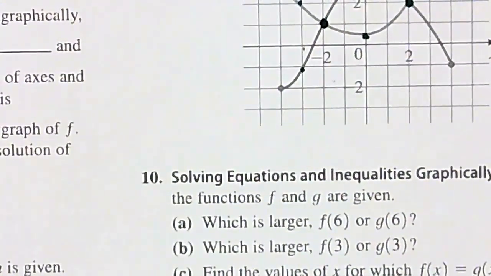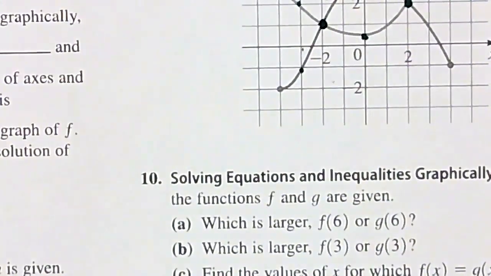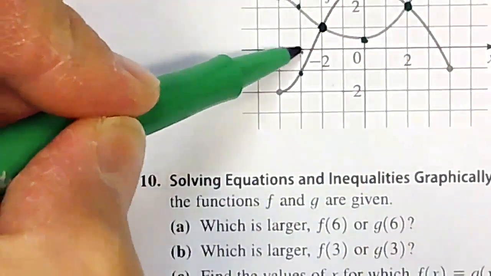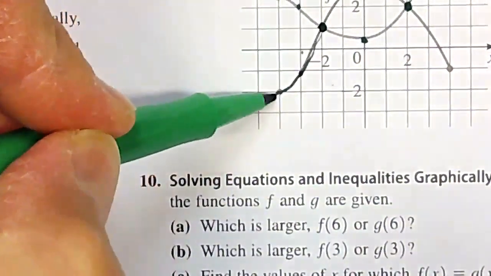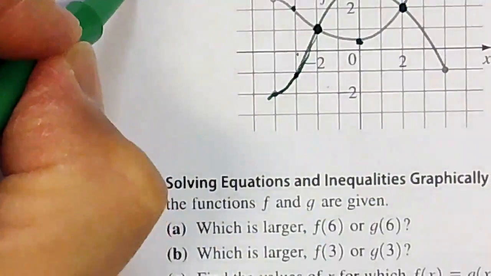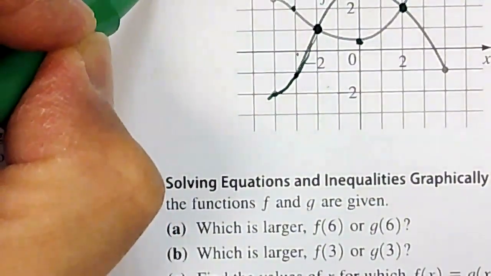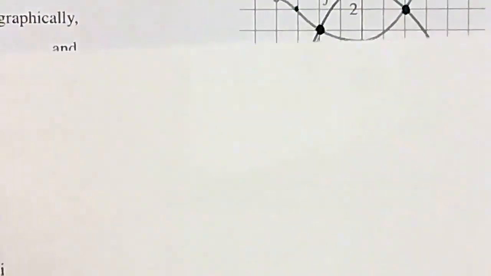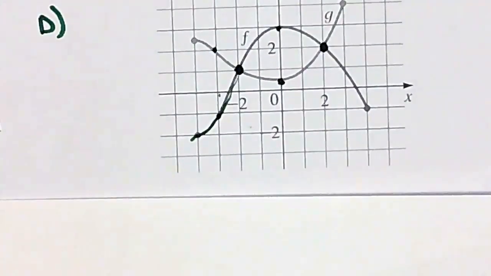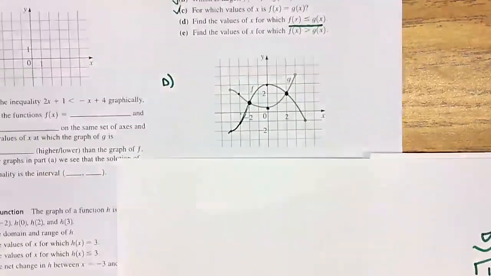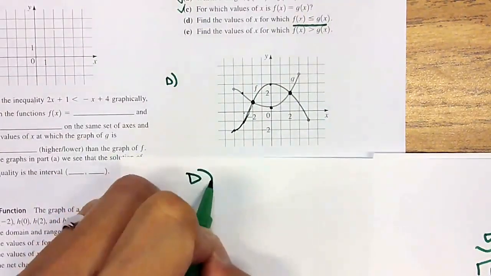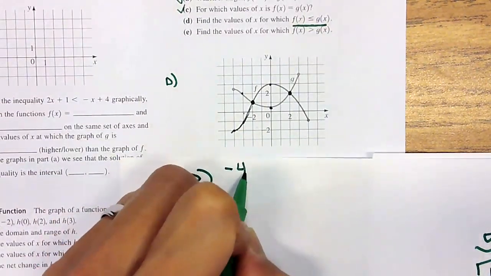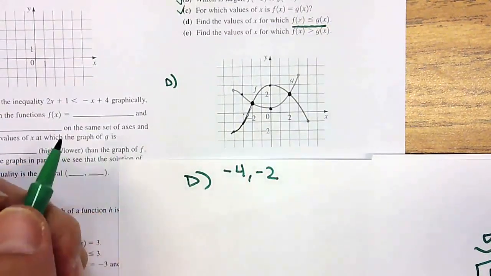Can you guys get that? -4 to -2, right? F is lower than G. So part D would be the interval of -4, comma -2.